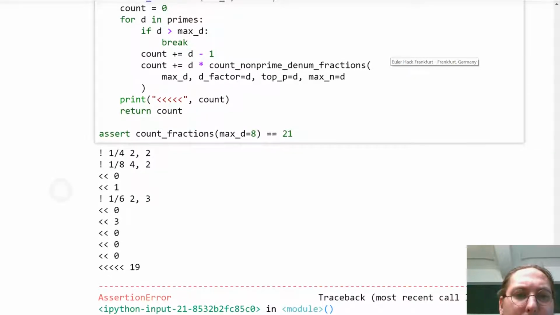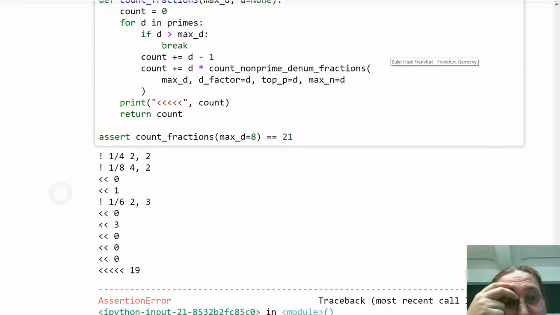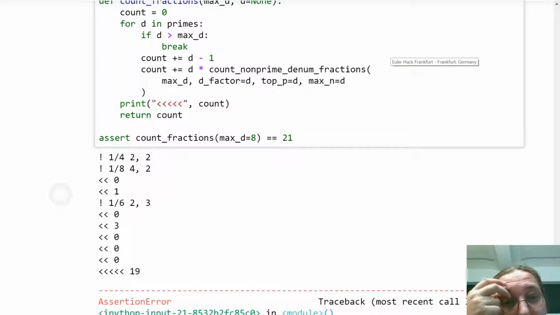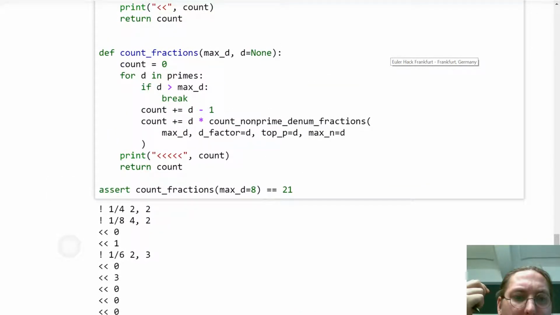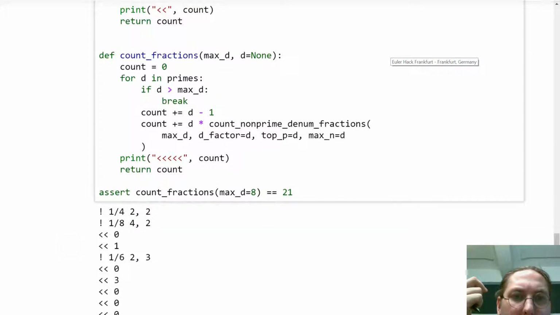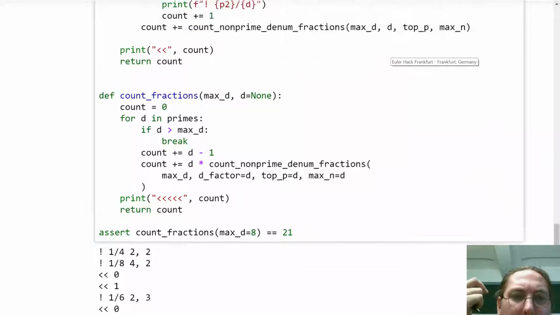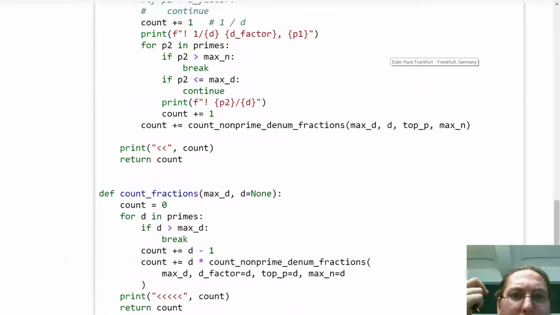So I'm still missing the 3/8. But I'm only getting the 1/6 once. So why am I missing the 3/8?